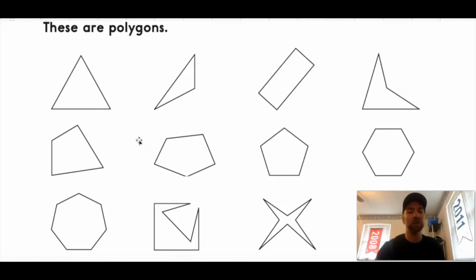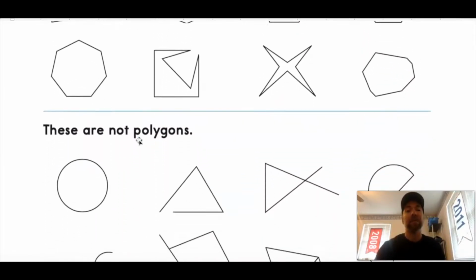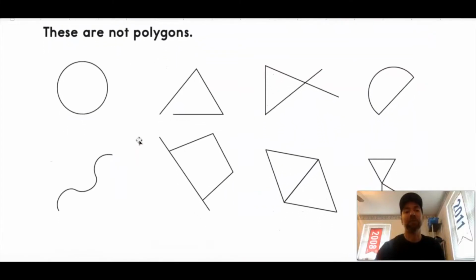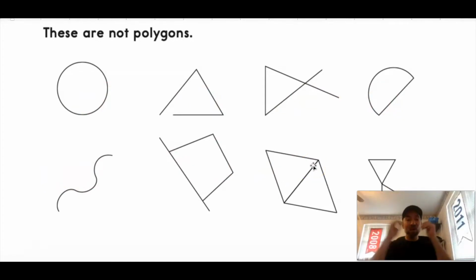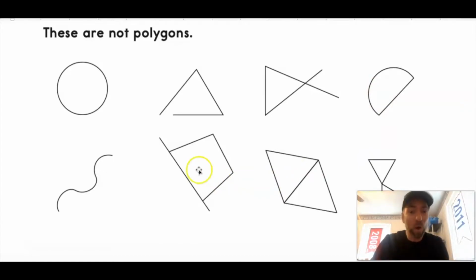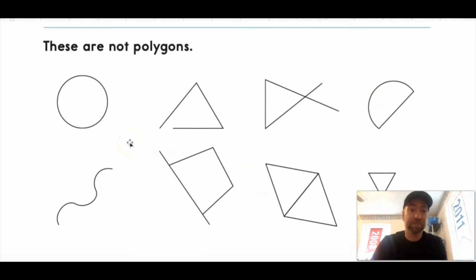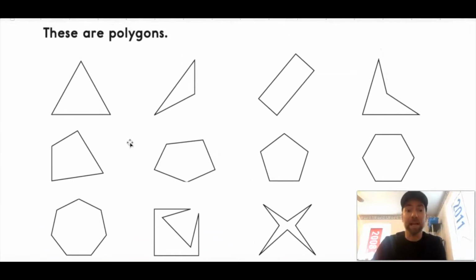Now, I'm going to show you at the bottom of page 156. These are not polygons. Wow, what makes them different from our polygons at the top of that page? Does anybody know what is the difference? These are polygons.